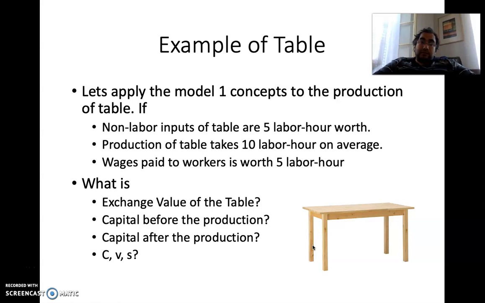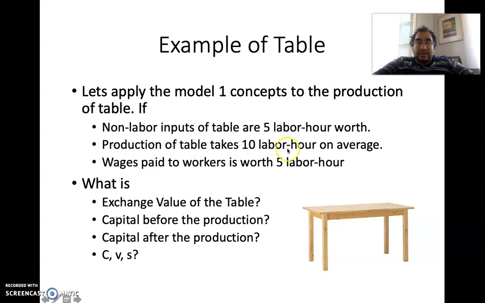So now let's see, under the example of again furniture, in this case a table, how the model with exchange value works. So let's assume non-labor inputs are 5 labor hours worked, which means C is 5 labor hours worked.